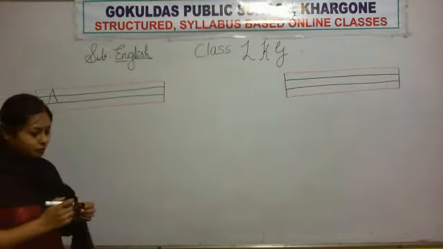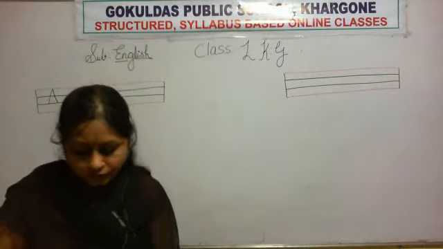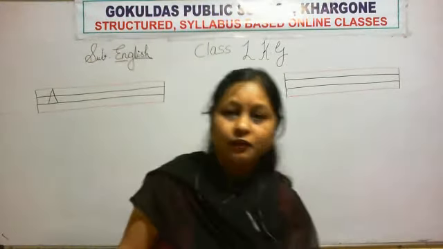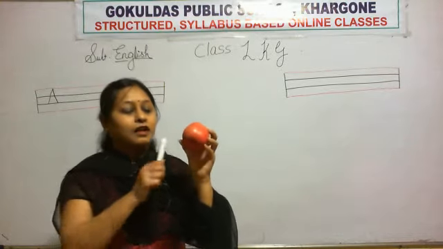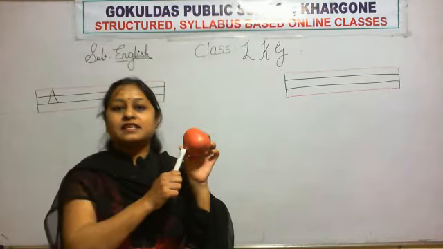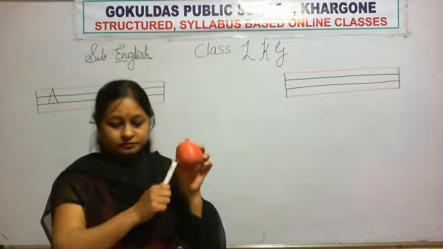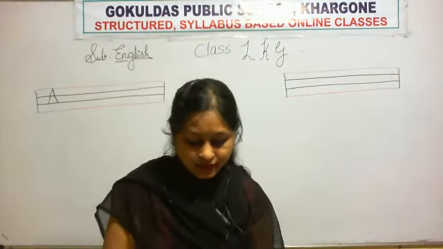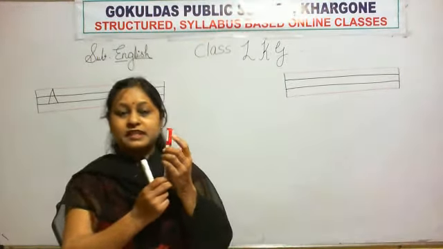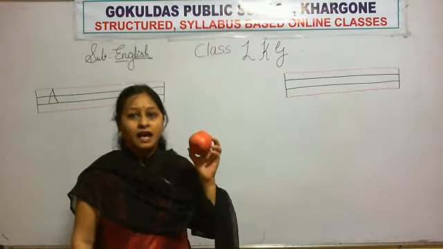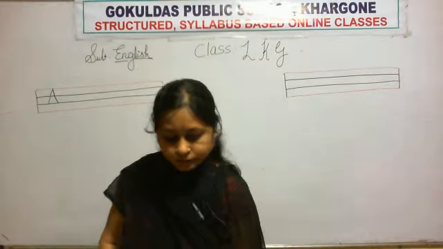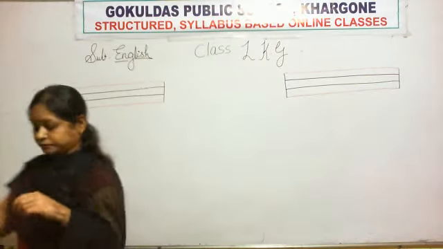A. Do you know? A for apple. A for apple. Which color is this? Red. The color of apple is red. Look here, this is red color now, and apple is good for our health. Okay. Next.